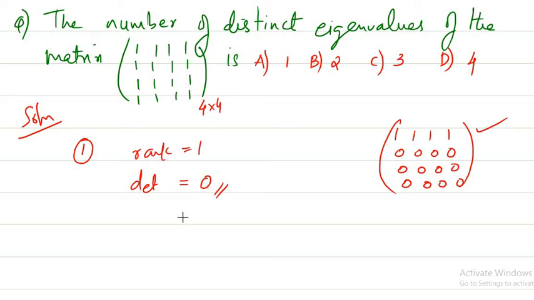Since the determinant is 0 and the product of eigenvalues is equal to the determinant, at least one of the eigenvalues has to be 0. So one eigenvalue is 0, confirmed.